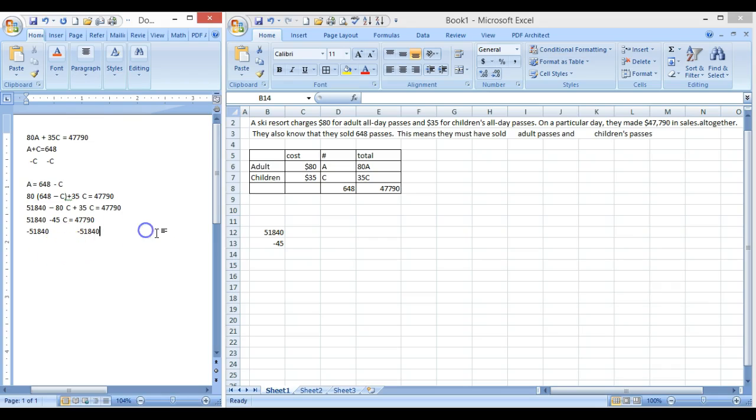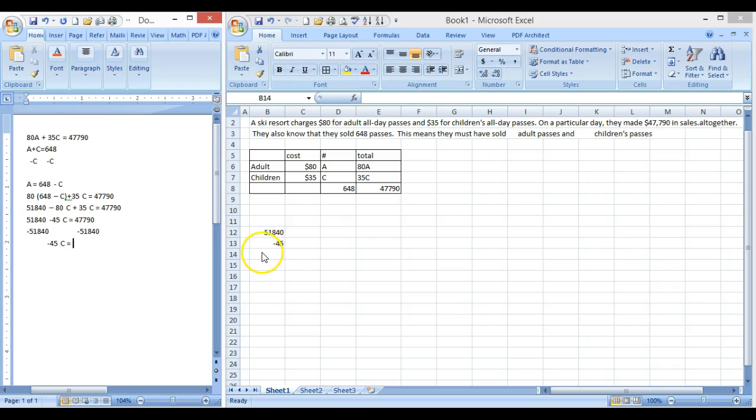So I'm left on my next step with just this negative 45C equals, I'm going to take my 51,840 and subtract, or make that negative and add the 47,790.